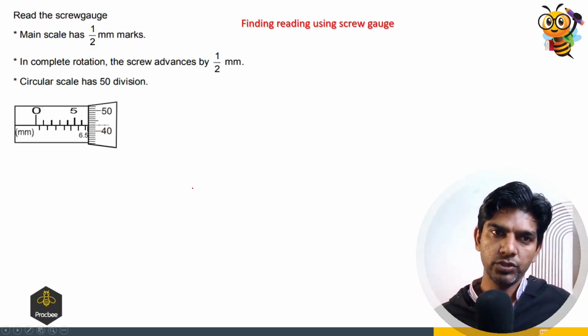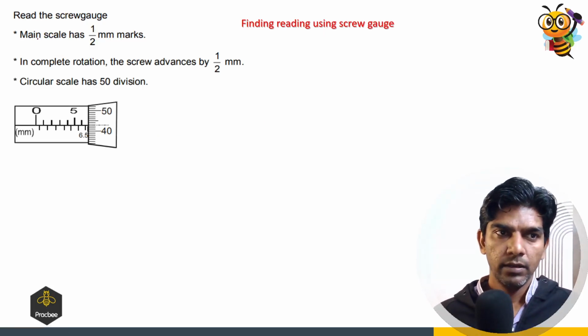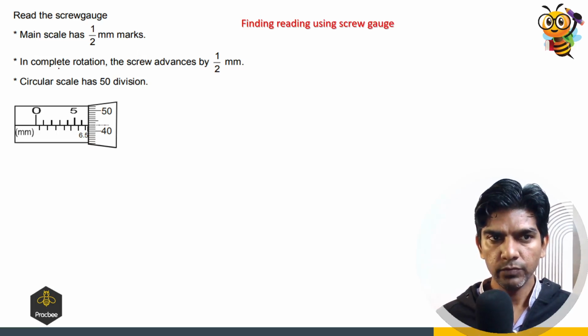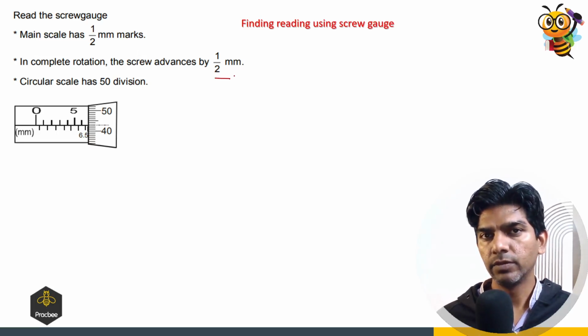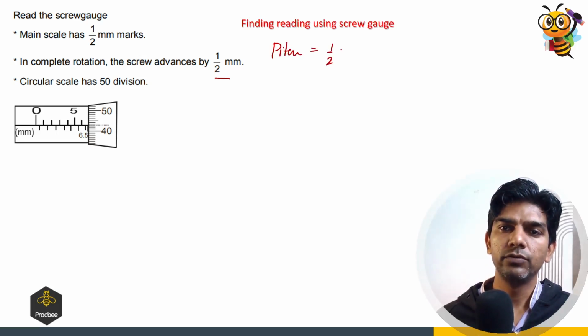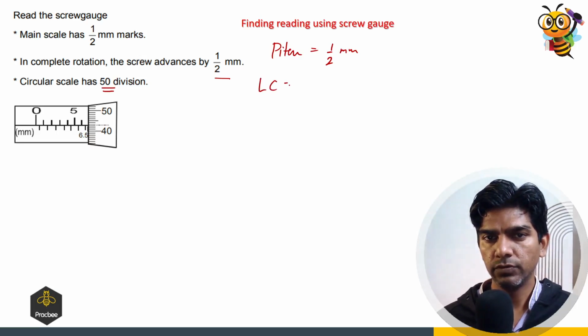Now let us see one more question based on the same concept. Main scale has half millimeter marks, and in 1 complete rotation the screw advances by half millimeter. So pitch is half millimeter, and the circular scale has 50 divisions. So the least count will be pitch divided by number of divisions on the circular scale.